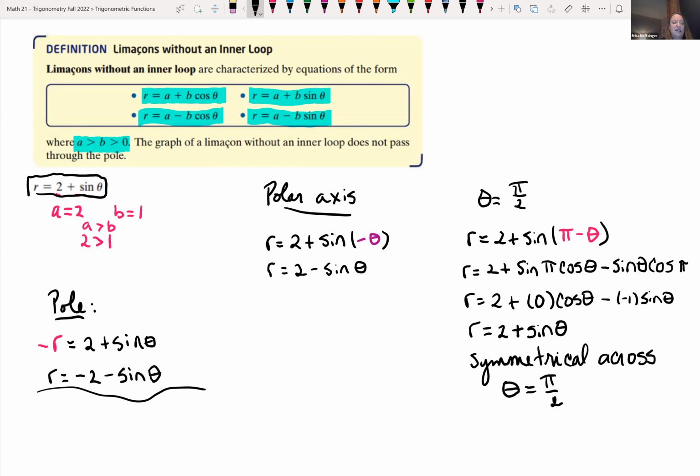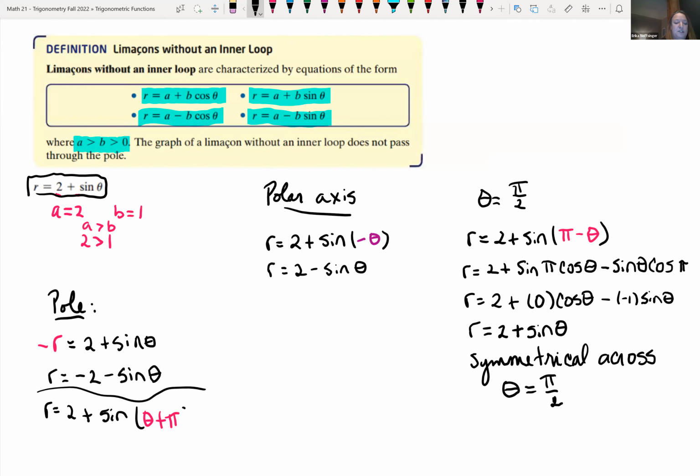The other way is to look at it by replacing theta with theta plus pi. So if I replace theta with theta plus pi, we have r is equal to 2 plus sine of theta plus pi.